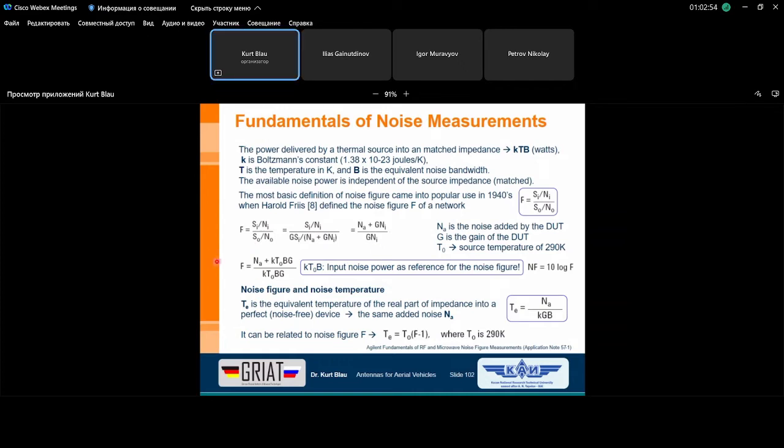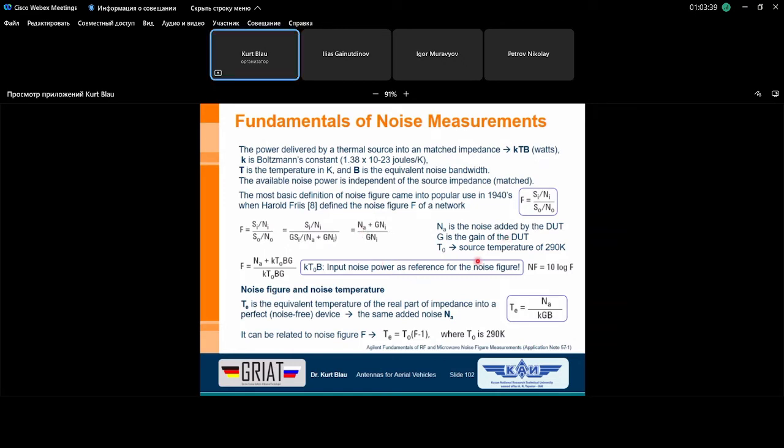But for instance, in radio astronomy, they like to use the noise temperature. And what is the noise temperature? This is an equivalent temperature, again, of the real part of our source impedance, which delivers the terminal noise in a noise-free device. It means we assume that the added noise coming from the device under test is not produced inside our device under test.